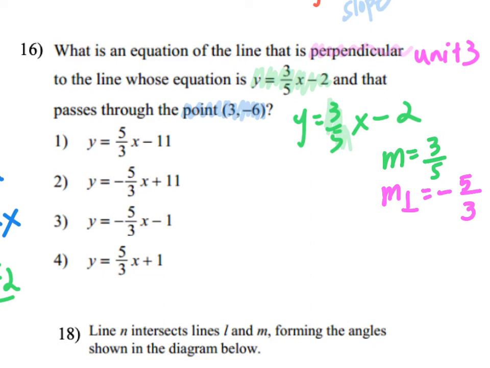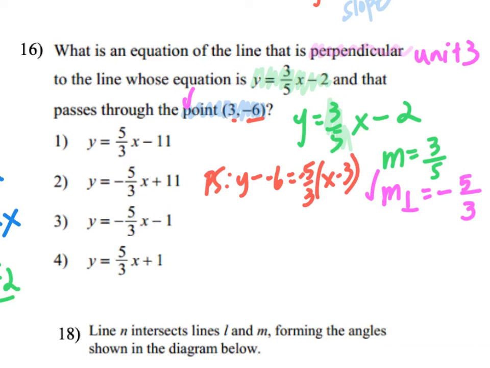So whenever I'm given a slope and a point, I can write this in point slope form, right? So my point slope form is going to be y minus my y coordinate, negative 6, equals negative 5 over 3, parentheses, x minus my x coordinate, 3.